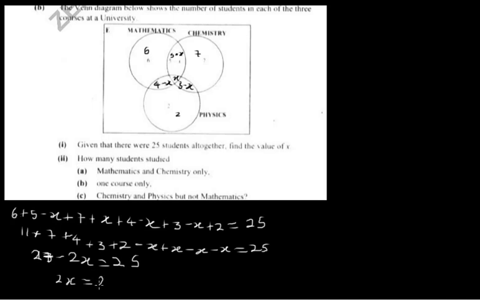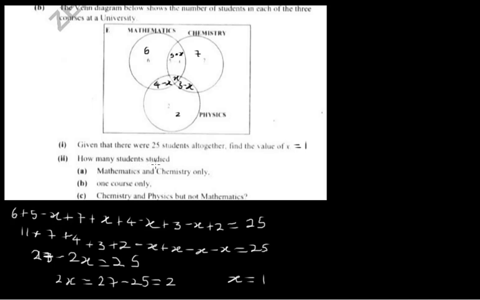Then 27 minus 25 is equal to 2. And therefore we have x equal to 1. So let's just write it there. So x equal to 1, right?